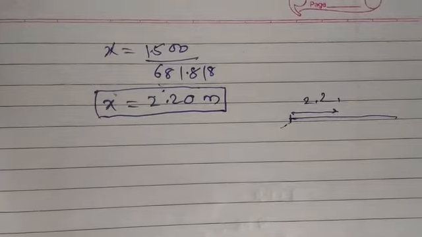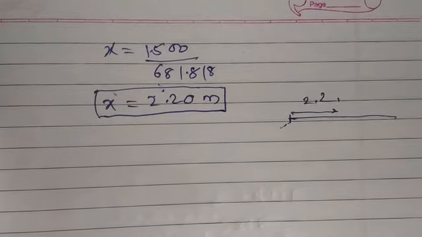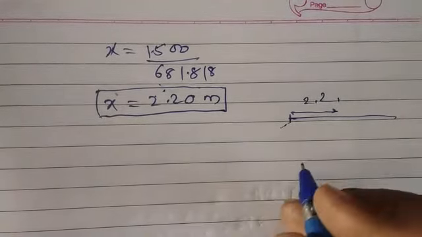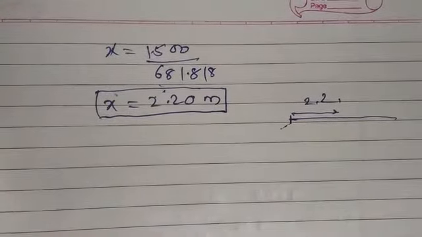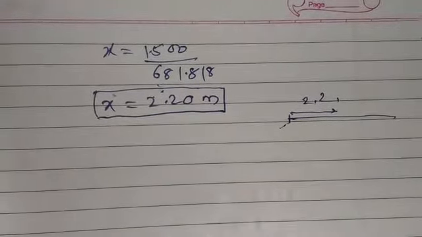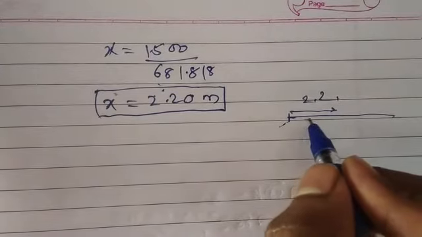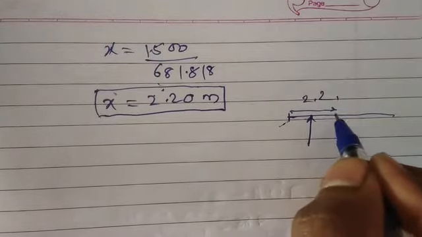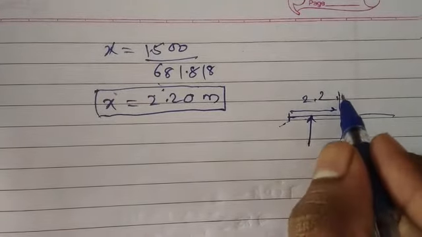So this section is at 2.2 meter from the left edge of the footing. So if this column is at this point, the section is at this place.